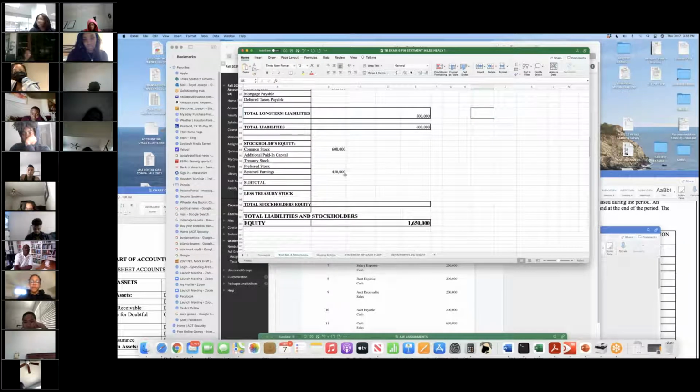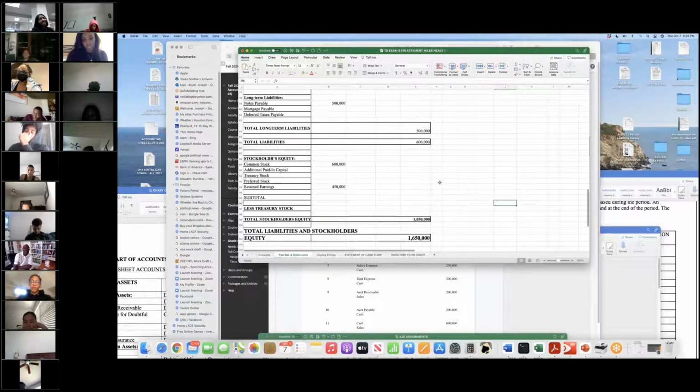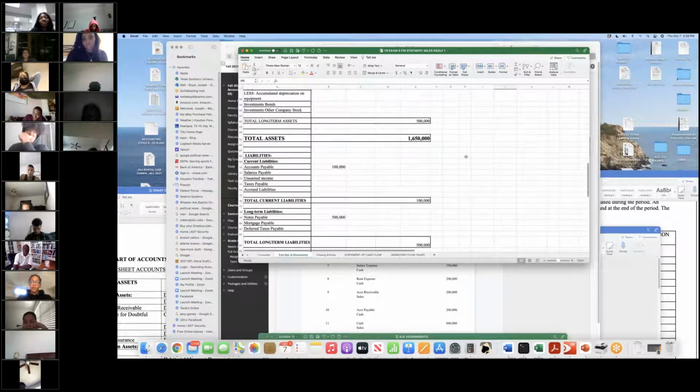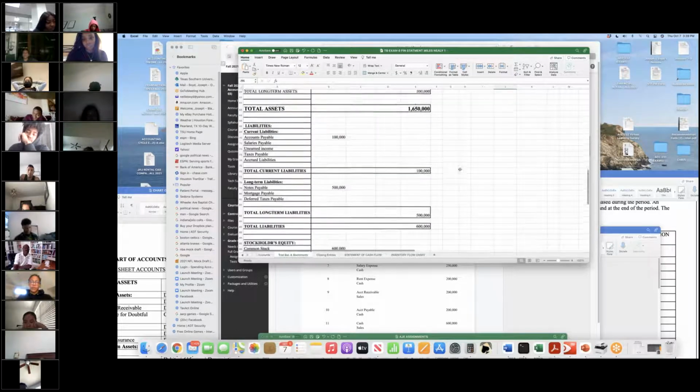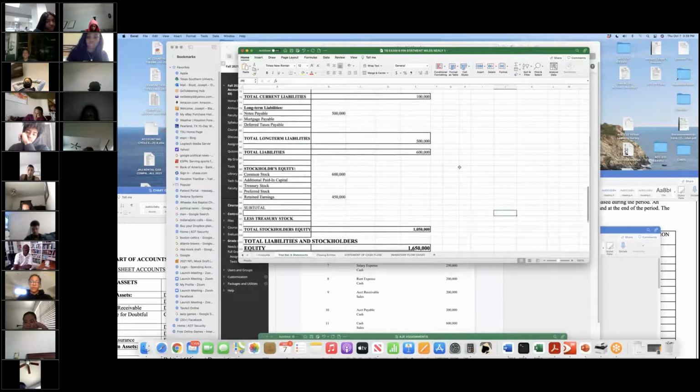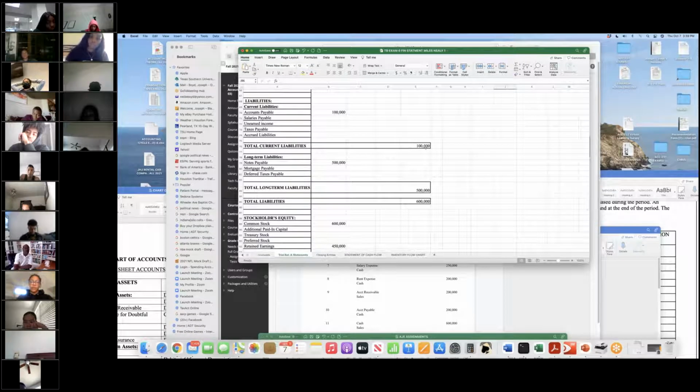So 450 and 650 is what? A million 50? Right. And that's $1,650,000. So if we add the 100 for accounts payable, the 500 for long term, that's 600,000.